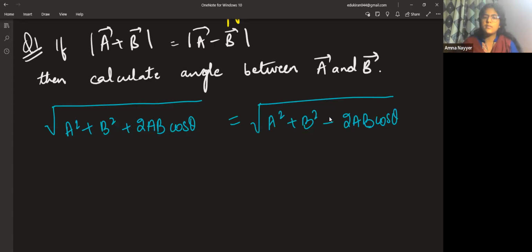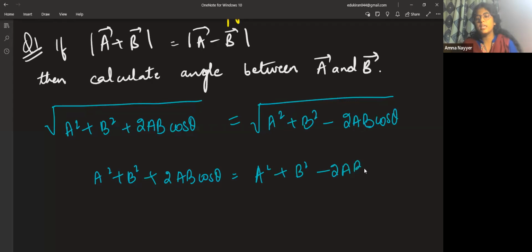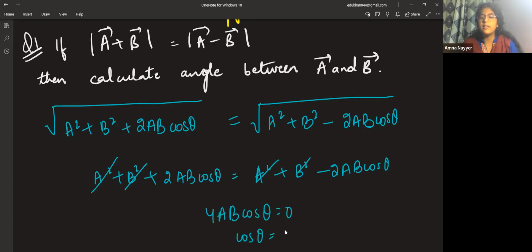See, the squares will get cancelled. So we will be left with A square plus B square plus 2AB cos theta equal to A square plus B square minus 2AB cos theta. A square, B square will be cancelled. Now 4AB cos theta will be equal to 0. Cos theta will be equal to 0.